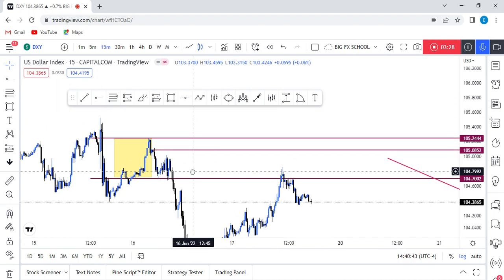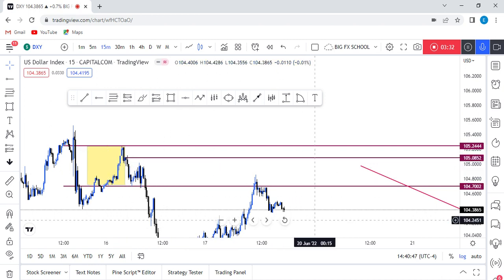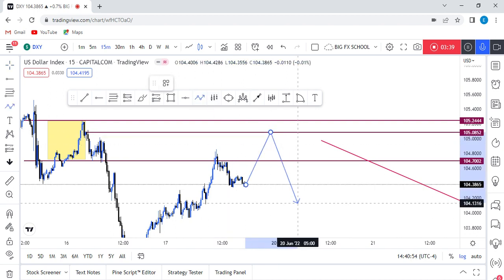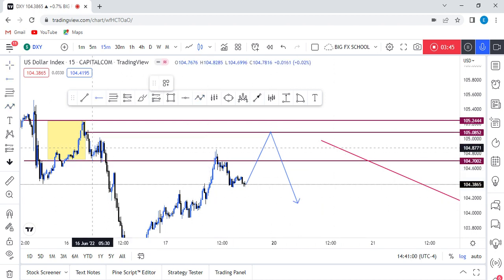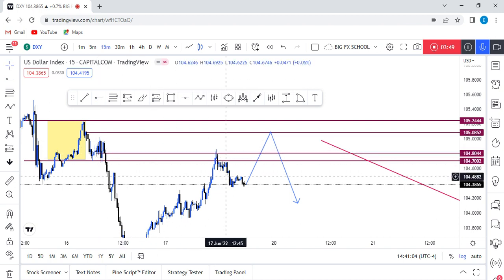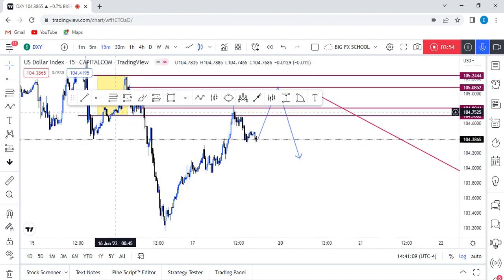We say the invalidation, so the market may turn to that zone before dropping. But don't forget that there was a certain setup here that the market respected. So the market may continue to fall from this level.